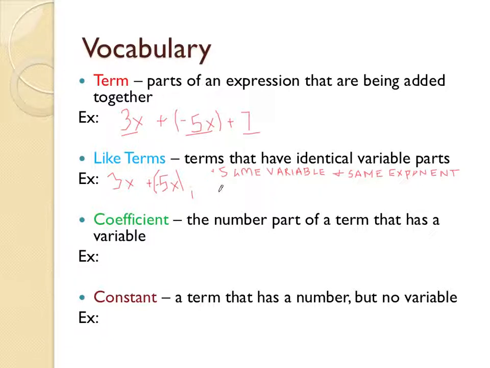Here's another example of like terms. If we had x squared plus 3y plus x squared, in this case, the x squareds are like terms because they have exactly the same variable parts.